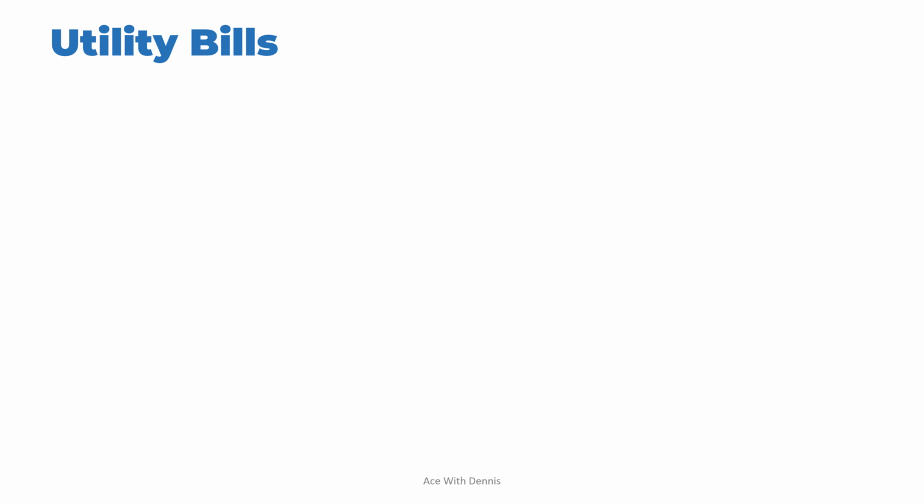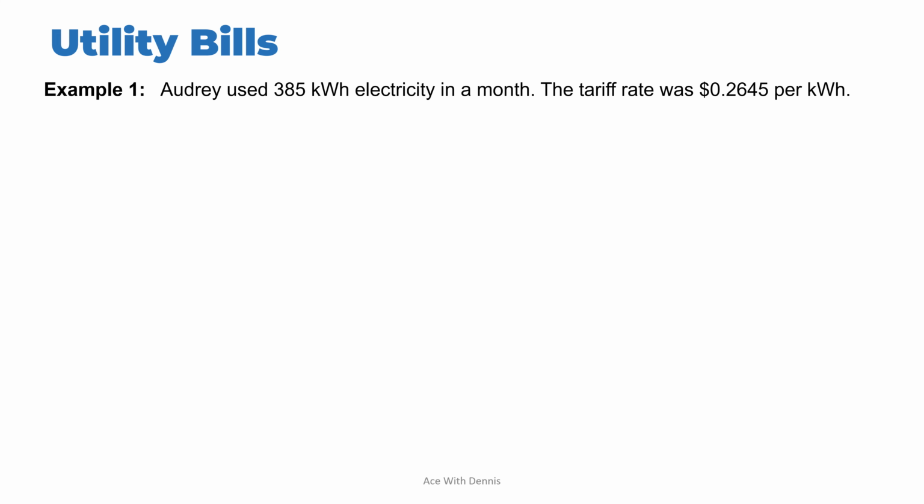Now let's discuss exam-based questions, and let's look at example 1. Audrey used 385 kilowatt-hour of electricity in a month. The tariff rate was $0.2645 per kilowatt-hour. A. Calculate the amount payable for the electricity usage.